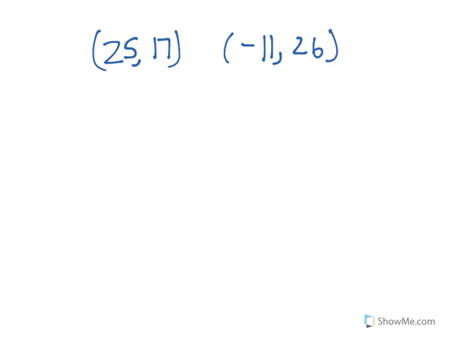Let's try one more. Let's make up some ordered pairs. Let's go 25, 17, and -11, 26. And I want to find the distance between them. My first step is I'm going to label them as x1, y1, because it's my first ordered pair, and x2, y2 because it's my second ordered pair.